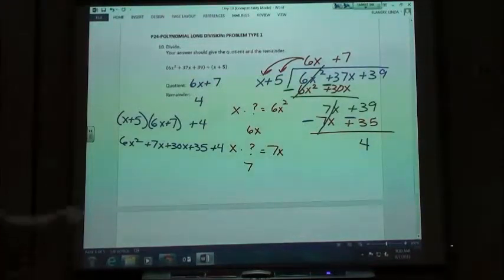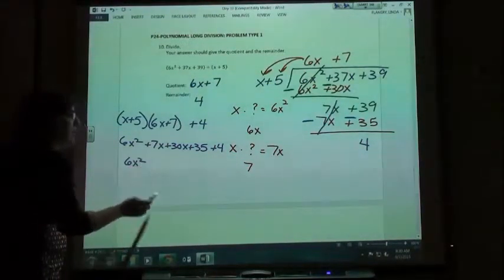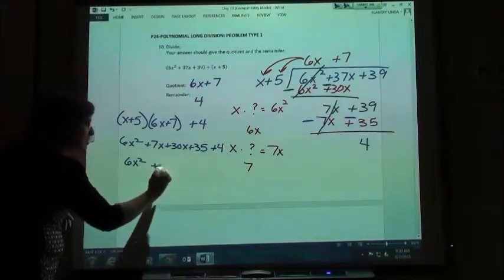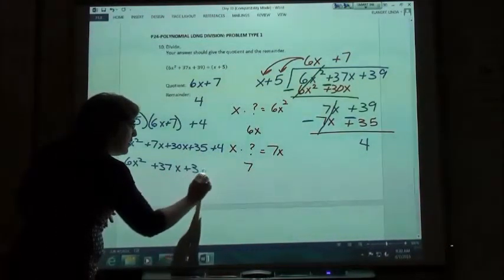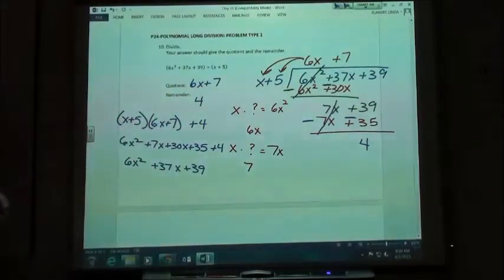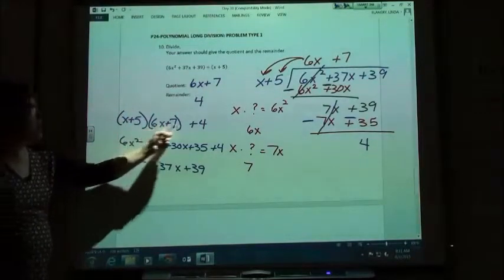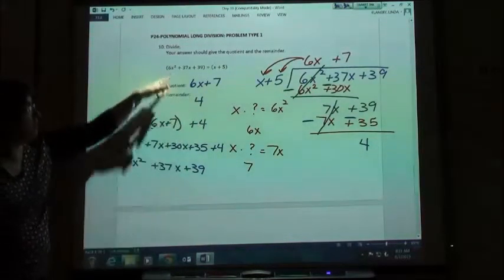Combining my like terms, I've got a 6x squared, 7 plus 30 is 37x, and 35 plus 4, 39. Sure enough, that's what we started with. So if you wanted to take the time to check it, you FOIL this part out, add your remainder, you should get what you started with.